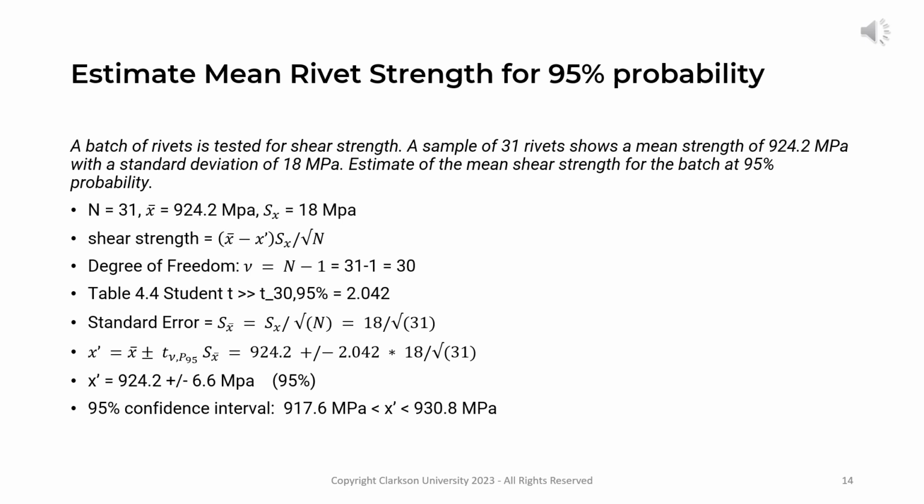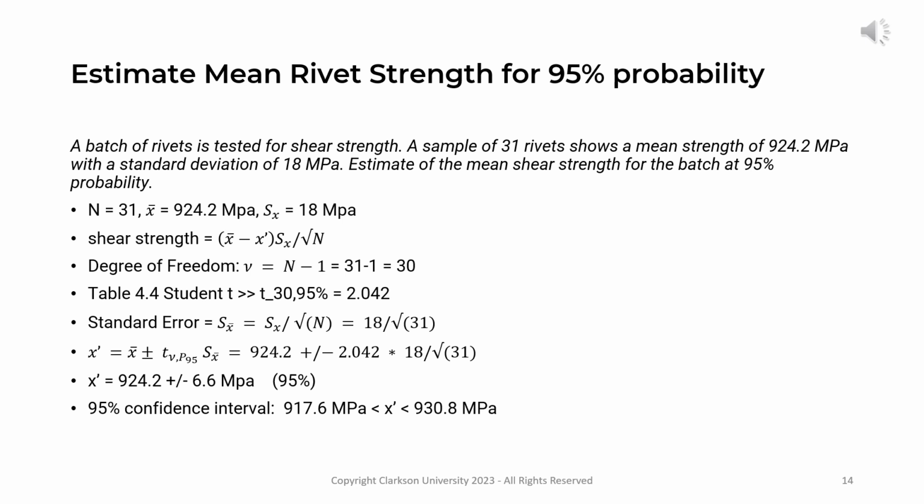and our student's t coverage factor is 2.042. So our standard error, s sub x bar, is our standard deviation divided by square root of n, 18 divided by square root of 31. And then our true mean is our sample mean plus or minus our student's t times our standard error, 924.2 plus or minus 2.042 times 18 divided by square root of 31.